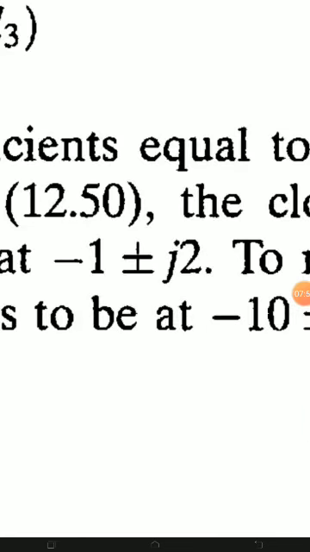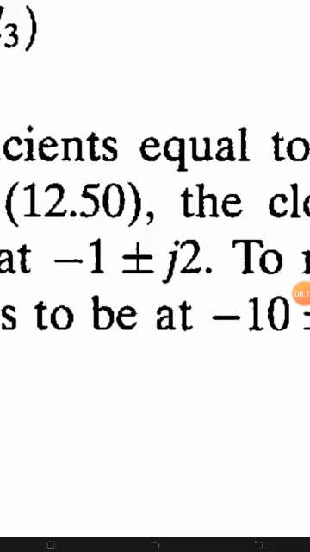those come out to be minus 1 plus or minus j2. Now in the numerical, he said to design the observer so that it will respond 10 times faster than these requirements. We got minus 1 plus or minus j2 with the help of zeta and omega n.